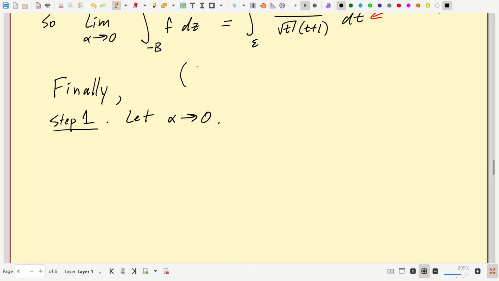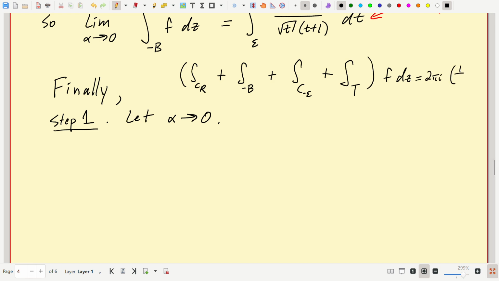I'm going to add up the integral around this outer circle plus the integral along minus b plus the integral along plus top plus the integral, let's see, is this going to go around minus b, oh, this one, c sub epsilon, c sub minus epsilon would be next, and then finally c sub top, integral along the top, f dz, that's equal to 2 pi I times 1 over I, which was my residue.